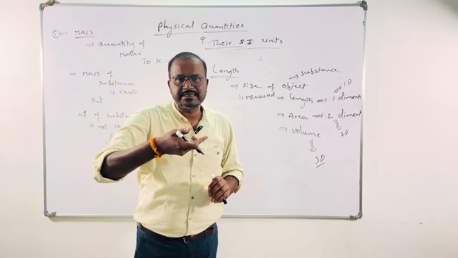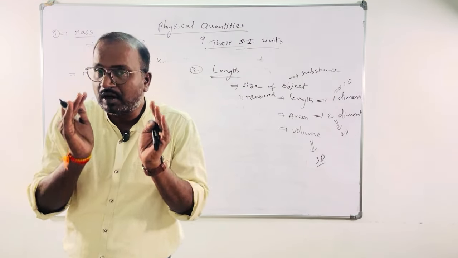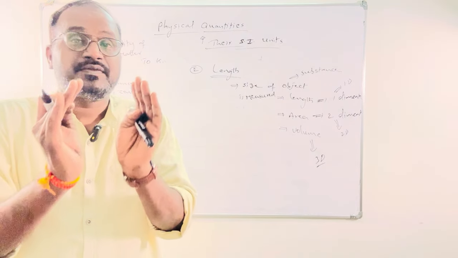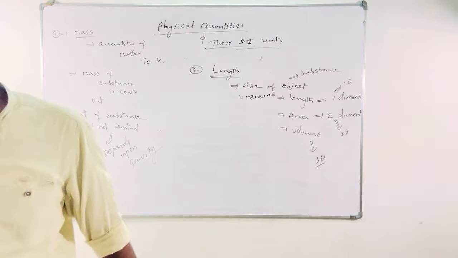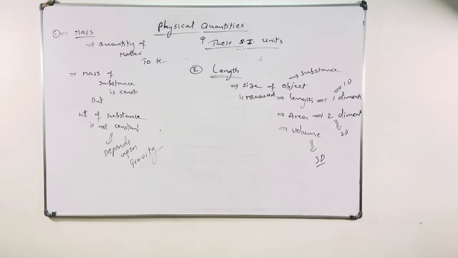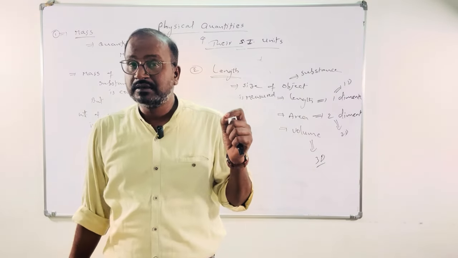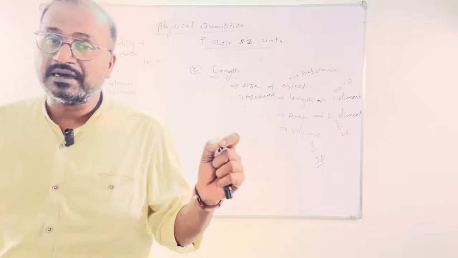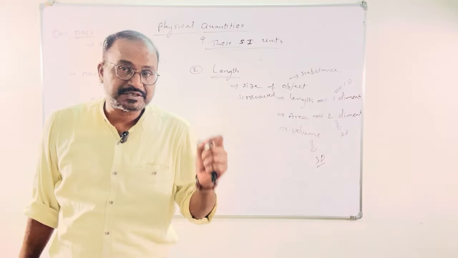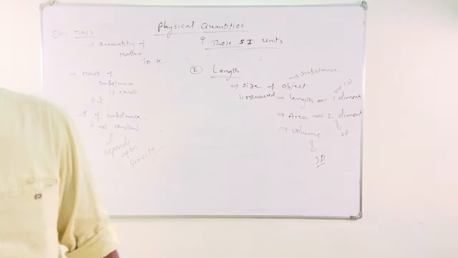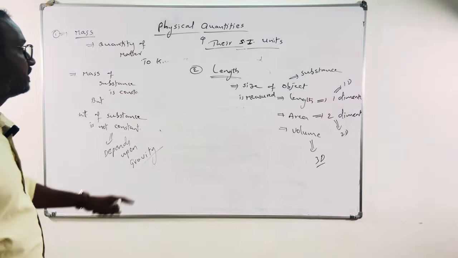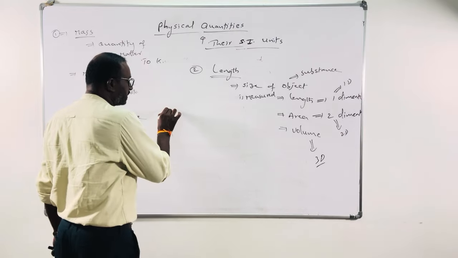X, y, z axis, if you take, volume, that is the size of an object in three dimensions. So three-dimensional space is called volume, two-dimensional is called area, one-dimensional space occupied by the substance or object is called length. So this is the second fundamental physical quantity.